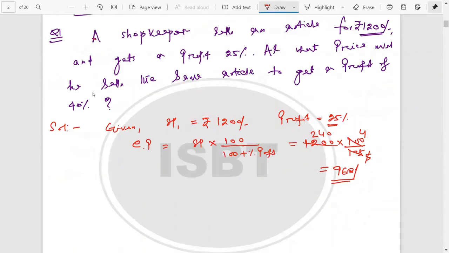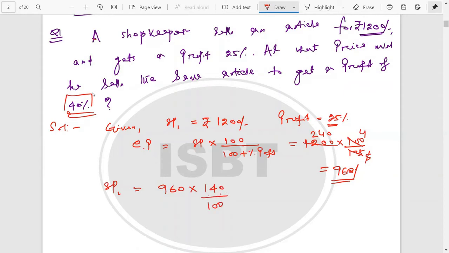Now, what is the question asked? At what price must you sell the same article to get a profit of 40%? So the second selling price should be, after getting the profit of 40%. Selling price must be 960 into 140 divided by 100. 140 means 100 plus 40%.